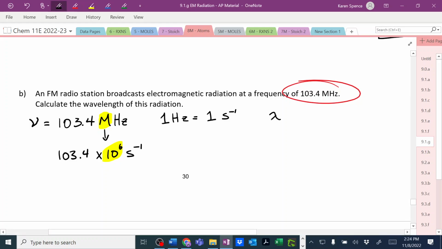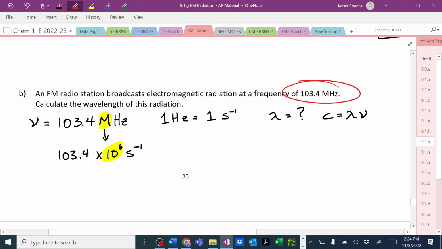Okay, and I'm going to look at my formula sheet, and I'm going to say, do I have something that relates frequency and wavelength? I do. I have c equals wavelength times frequency. So once again, I'm going to do some algebra here.